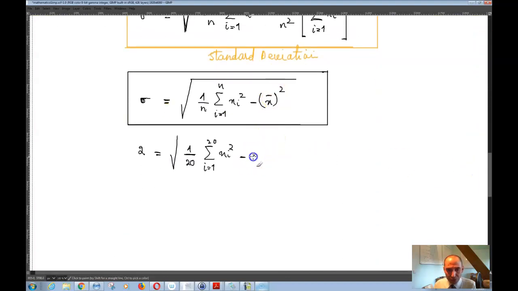So that is 10 squared, which is equal to 100. Raising both sides of this equation to the second power, I'll get 4 is equal to 1 over 20 times sigma of x of i squared as i goes from 1 to 20, minus 100.